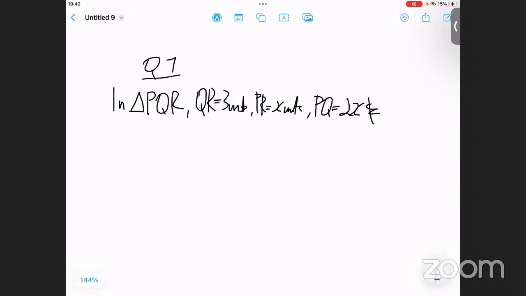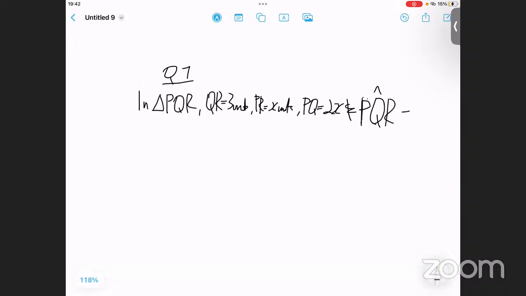And in triangle PQR, angle Q is equal to theta.